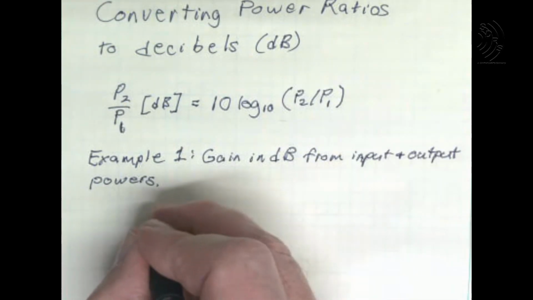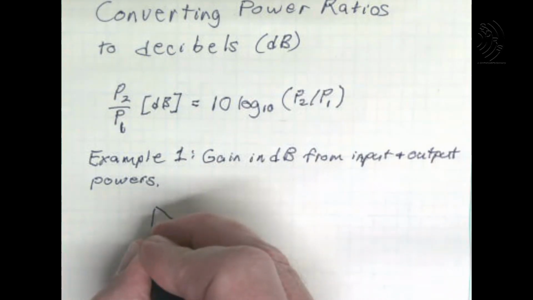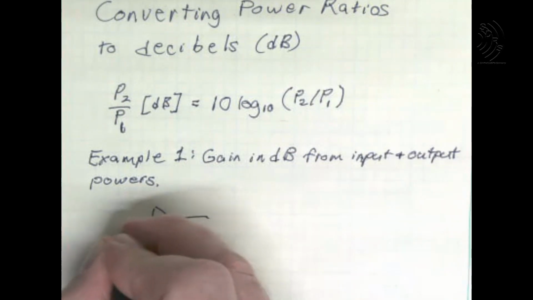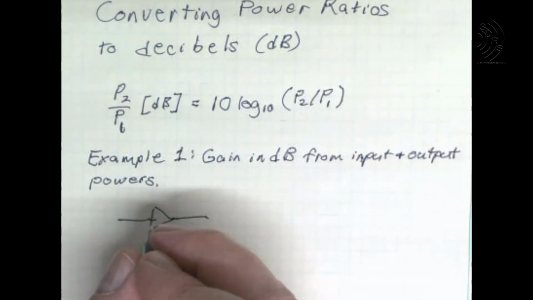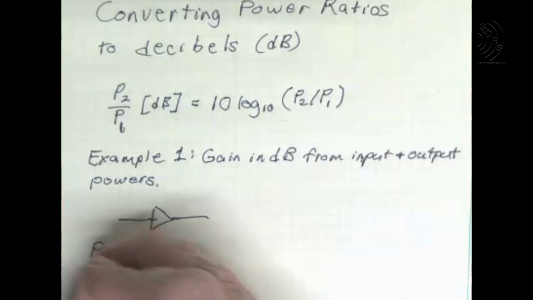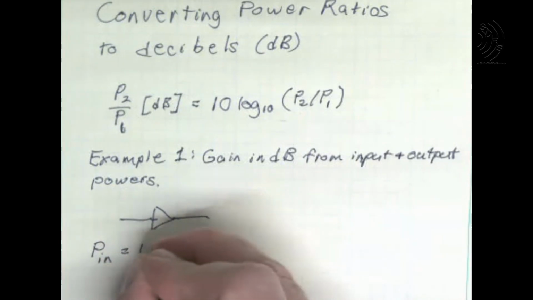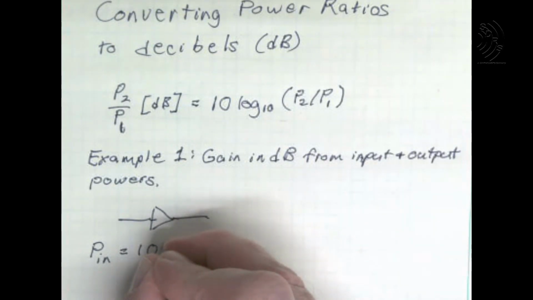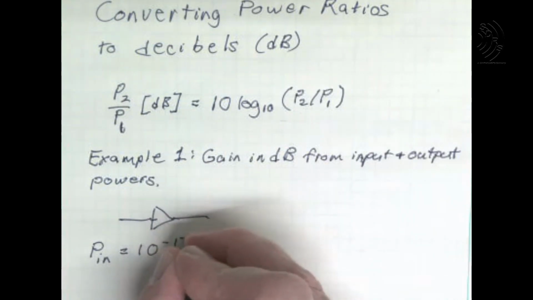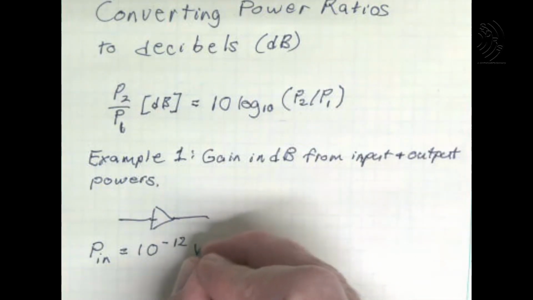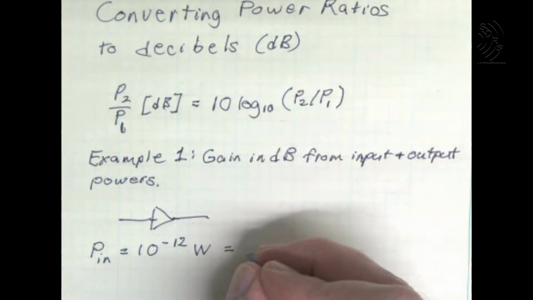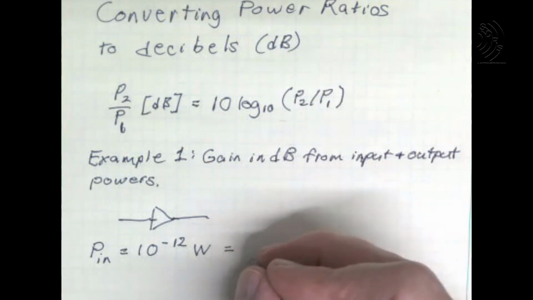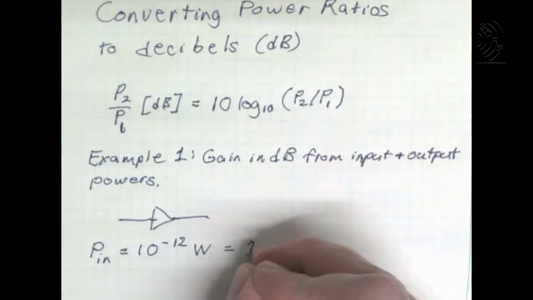We'll consider a low noise amplifier, which we represent with this triangle symbol, and we have an input power of 10 to the negative 12 watts. And that's 1 picowatt.